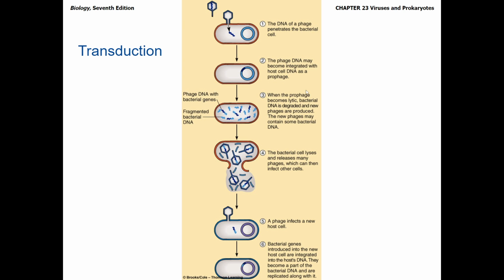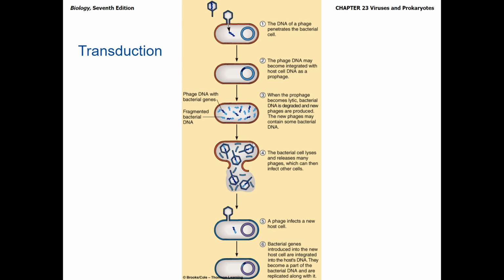And when the prophage becomes lytic, meaning the virus material is trying to copy itself and then escape the cell, the DNA genome into which it was inserted is degraded, and all the other components of the new phages, including their genome, are reproduced, creating more bacteriophages, or essentially more structures that contain viruses that can infect bacteria.